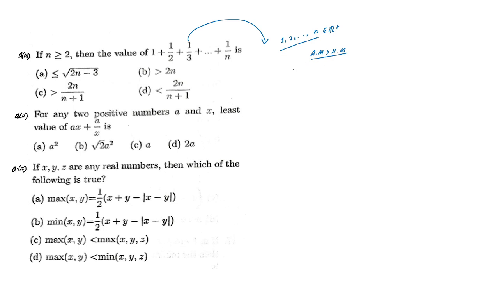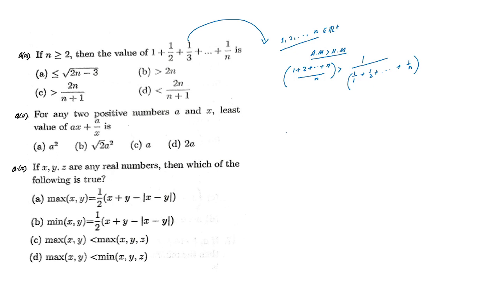Because all numbers are not equal, the equality sign does not hold. So (1 plus 2 plus up to n) by n is greater than 1 by (1 plus 1 half plus up to 1 by n). And you will see the result easily.